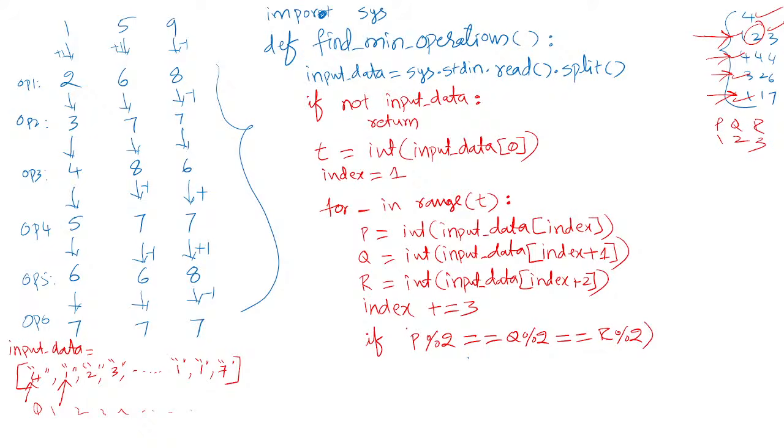For example, if they are even, then all of them will have this value 0, this becomes 0, this also becomes 0. That means all of them have the same parity. Yes or no?